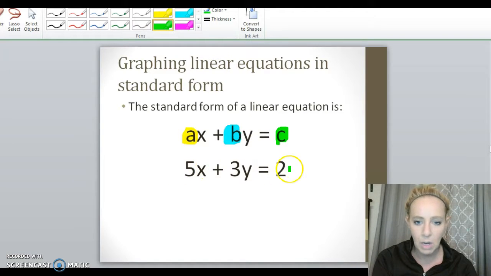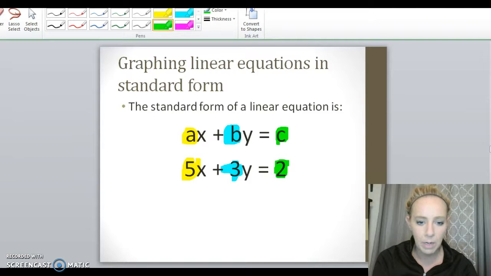Here's what the equation might look like: 5x plus 3y equals 2, where 5 stands for A, 3 stands for B, and 2 stands for C.